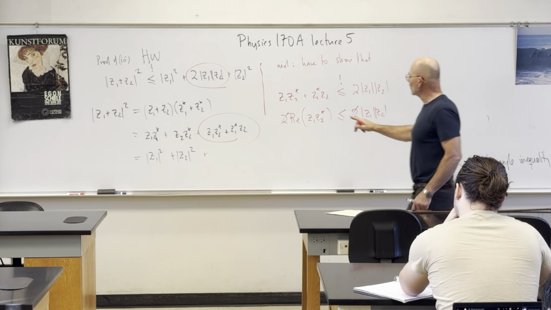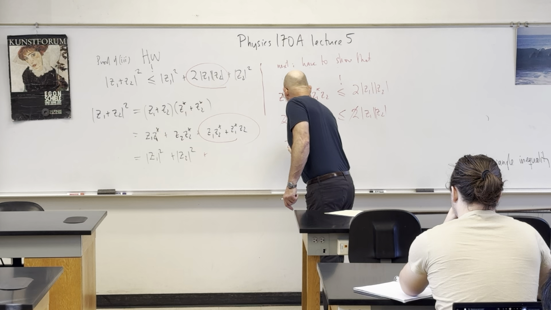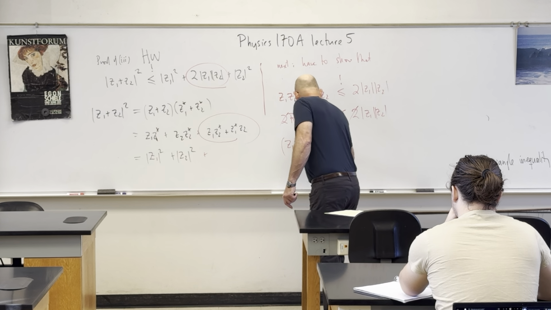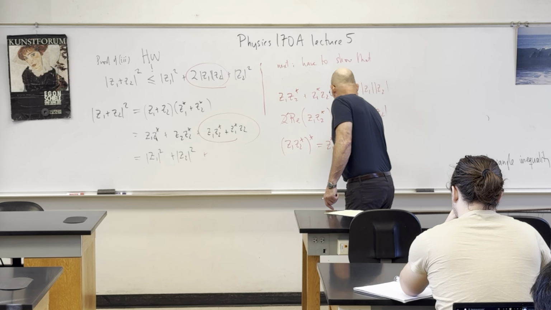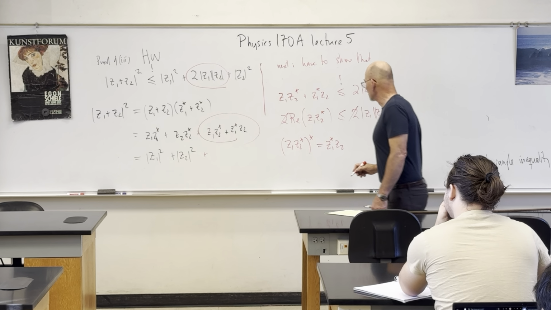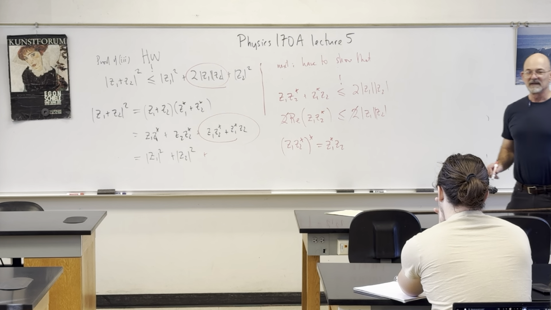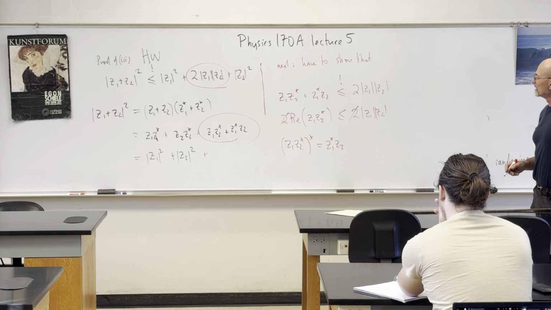And if I have z1 z2 star and I take the complex conjugate, that's z1 star z2. Okay, I gave away the game, but I don't mind. We just need practice with these. So go ahead and we'll have all 3 properties of that.